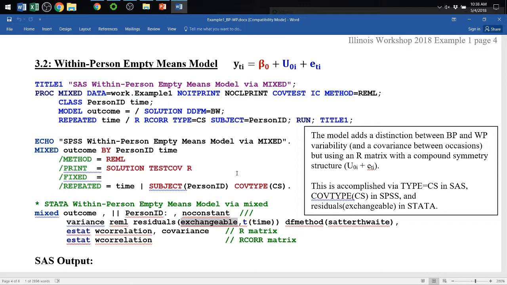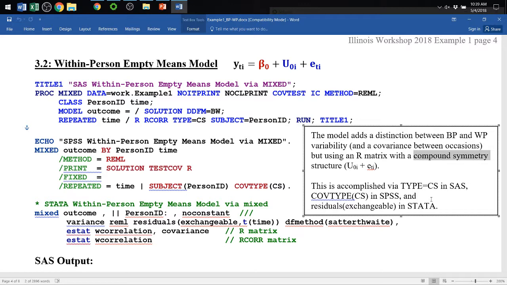I often do that to encourage participation. What does CS stand for? Compound symmetry. Yeah, you got it.